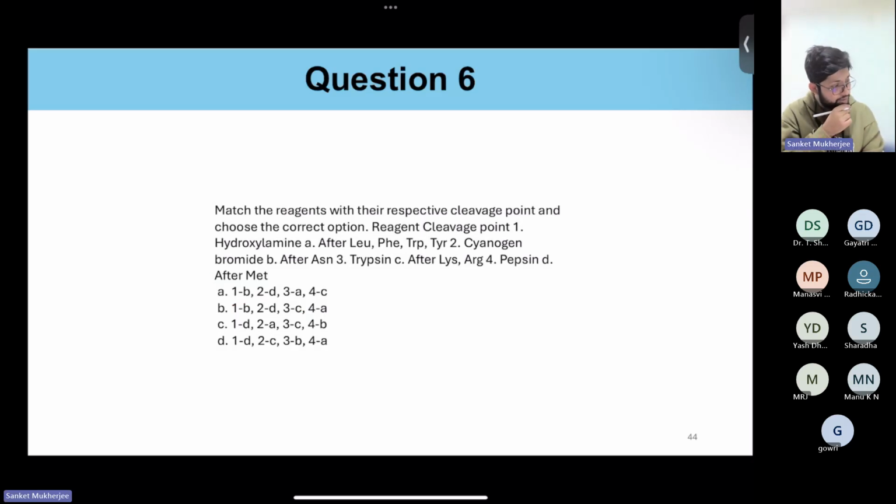Which of these would be the right answer? Let me draw it like this. It'll be easy.